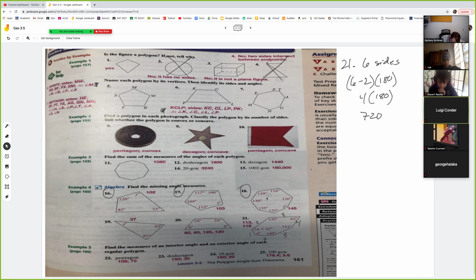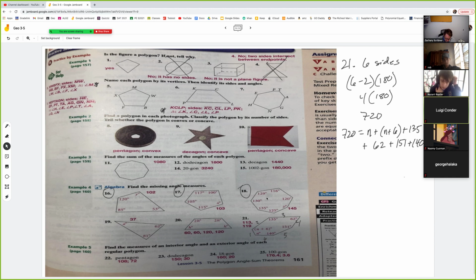So 720 is equal to n plus 6 plus 135 plus 62 plus 151 plus 140. And there it is.